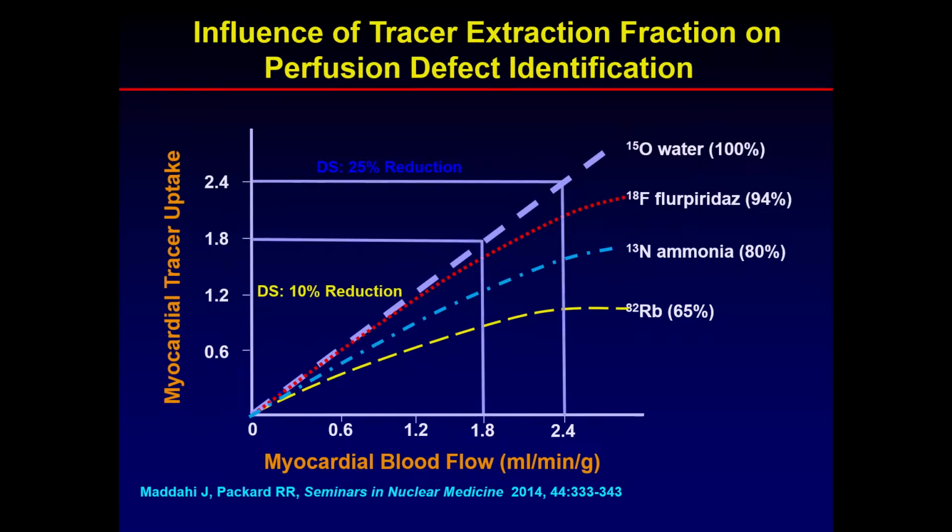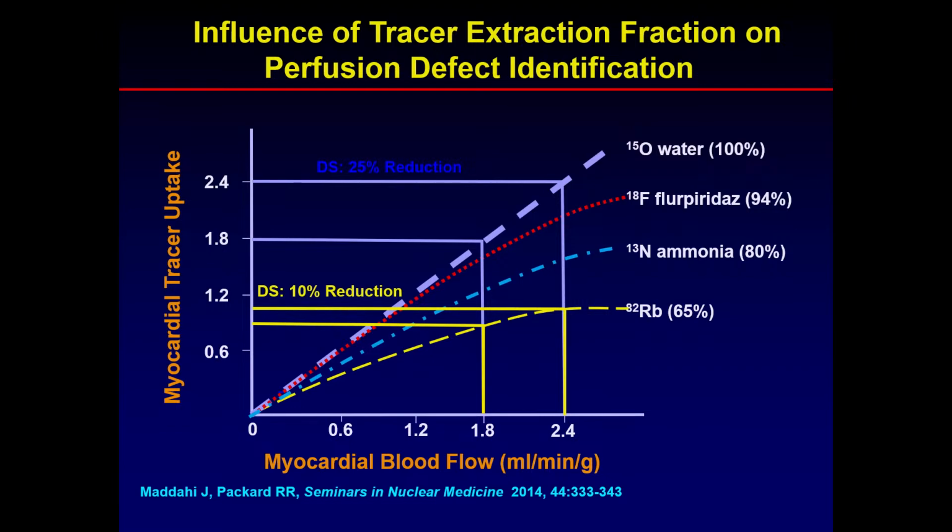And you can see that in this particular patient, based on O15 water changes from stress to rest, this patient would have had a 25% perfusion defect. You can see because of the change in flows between the two studies. But if you looked at this on a rubidium scan, that patient would only have a 10% defect because the flows on the normal area are not much different than the flows on the rest. So the stress and the rest don't look much different, okay?